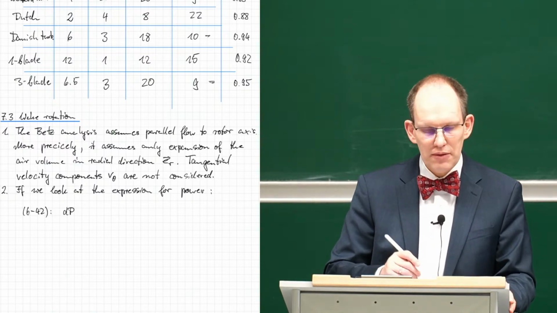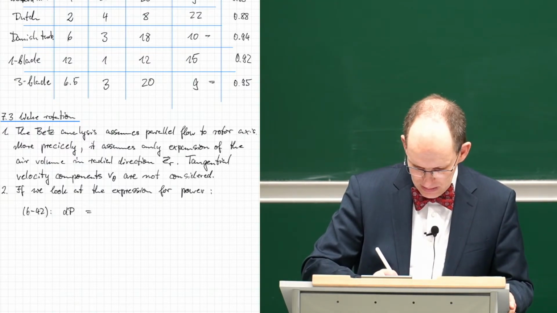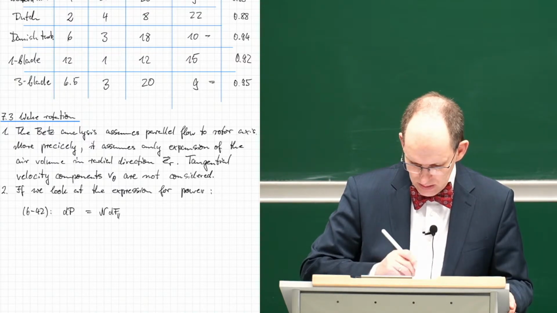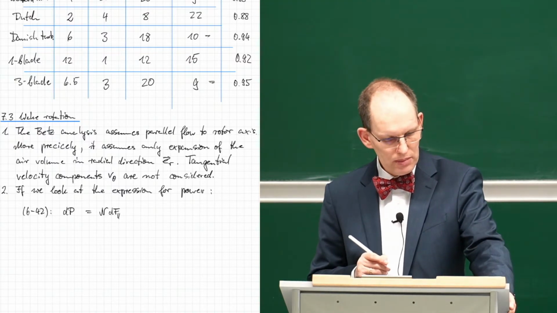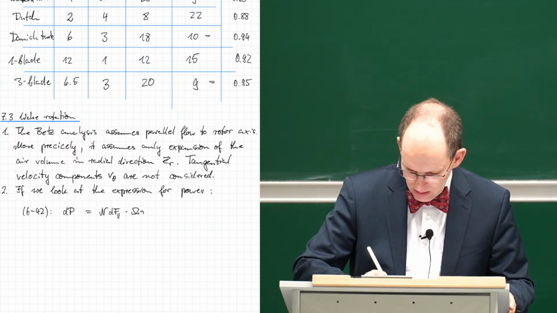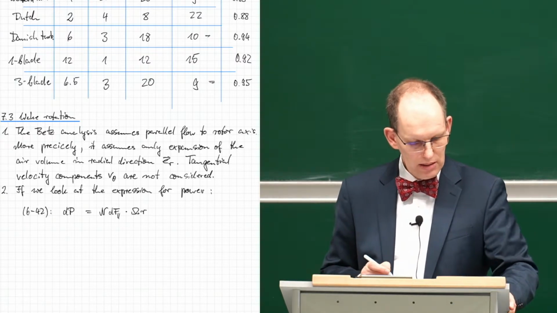So then we have for a plate element dP equal to n times the parallel component of force times omega r, right? So force times velocity.